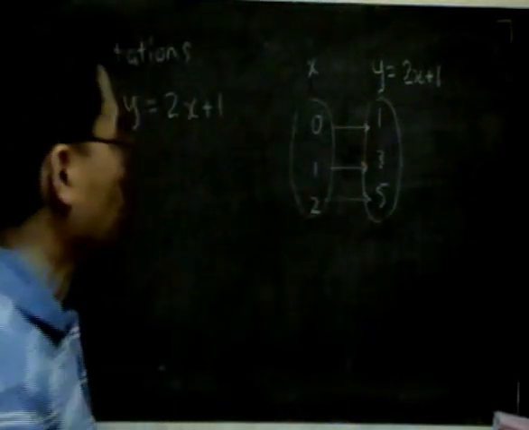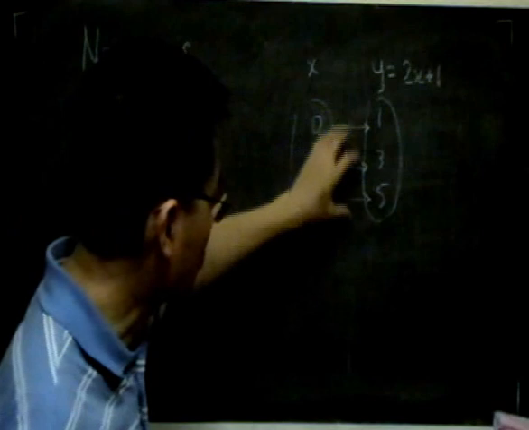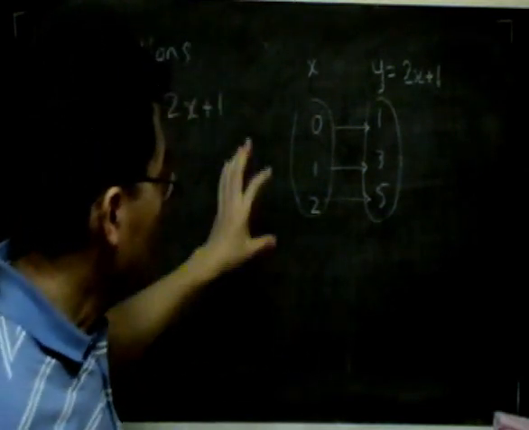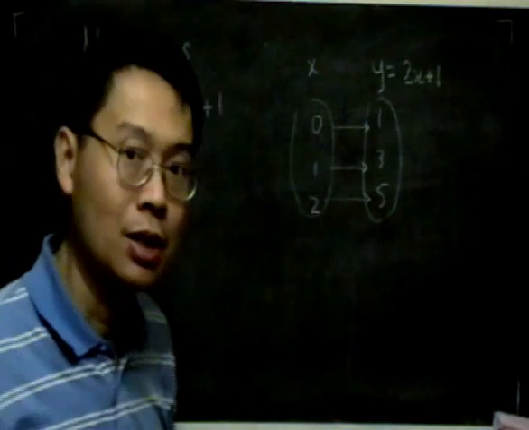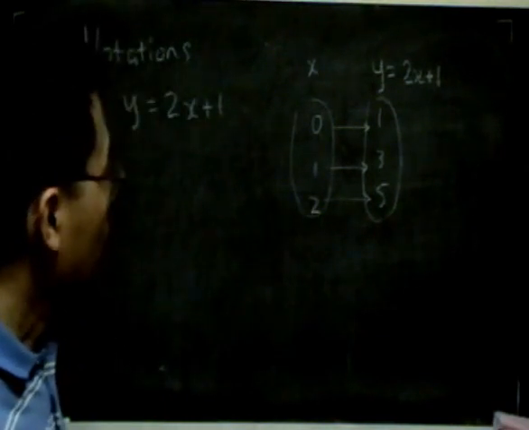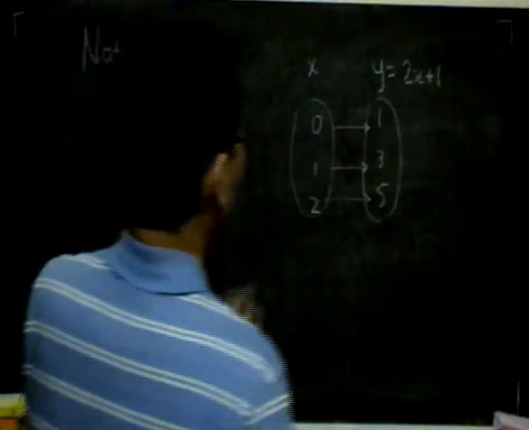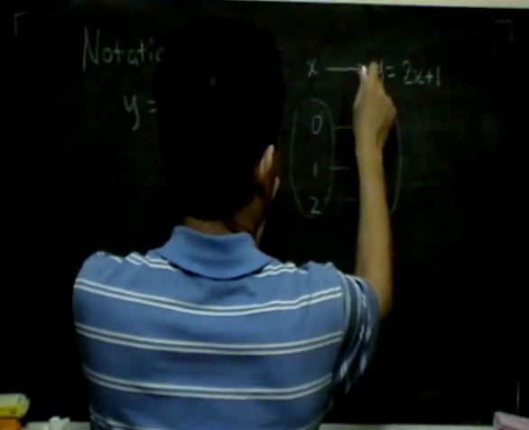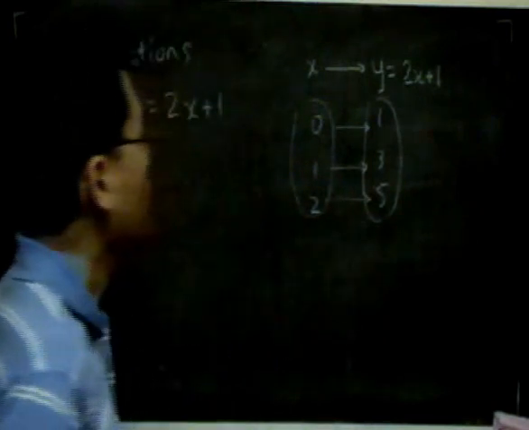So instead of drawing arrows for each and every possible number in a picture like that, we often draw an arrow directly from the symbol x to the symbol y.